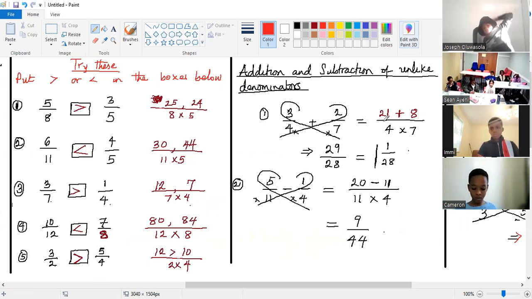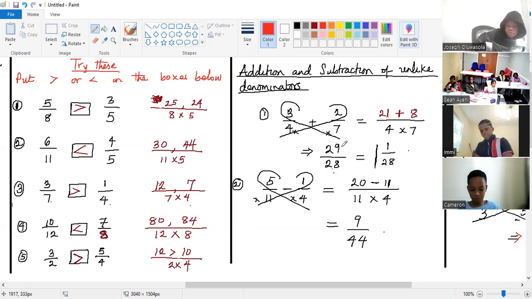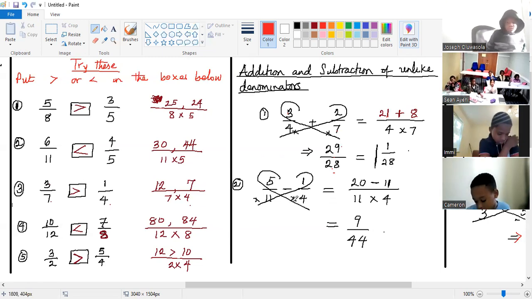So we rule a line and multiply the denominators to obtain the common denominator, and then cross multiply. 3 times 7 gave 21, and then 2 times 4 gave 8. So we added it together and got 29 over 28, which when turned to a mixed fraction, how many times can 28 divide 29? It is once. Then the remainder is 1 over 28. We did the same for subtraction, and we got 9 over 44.